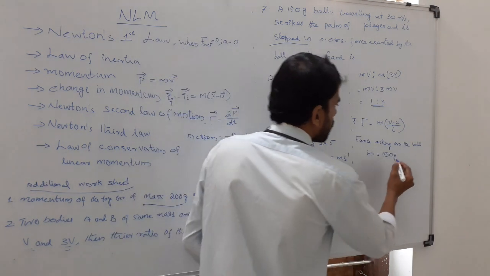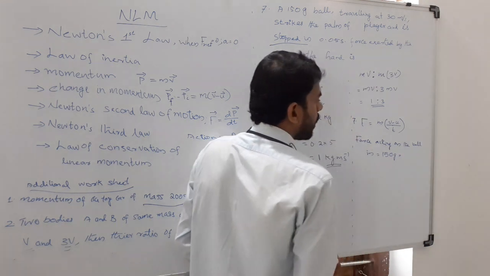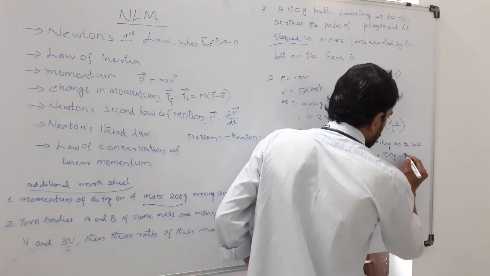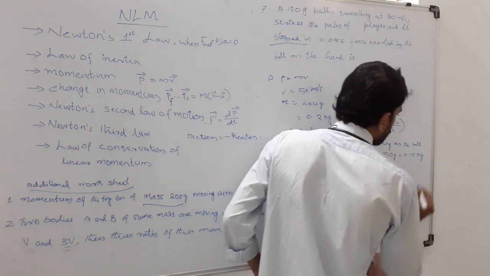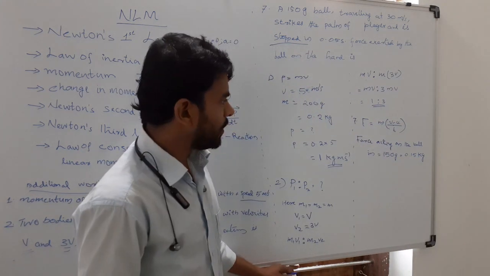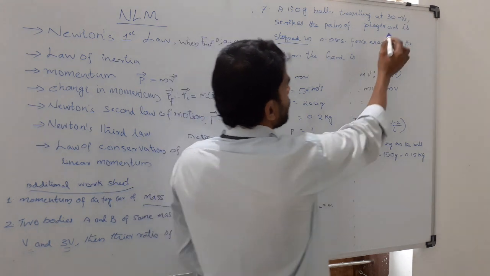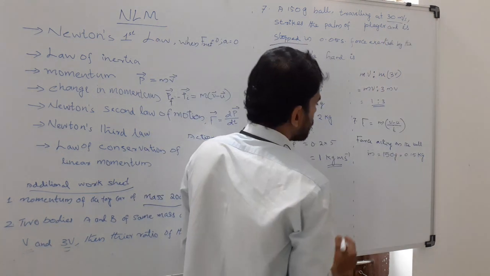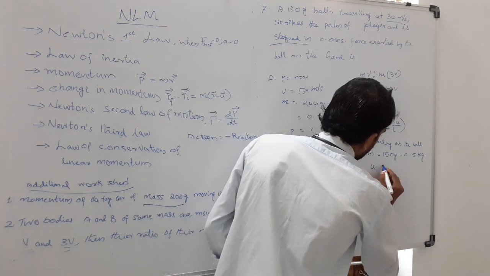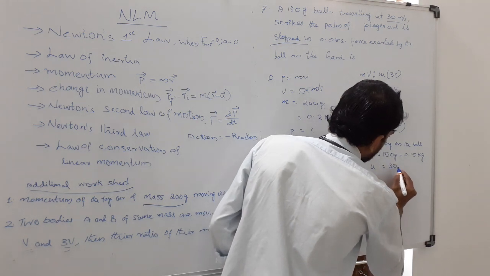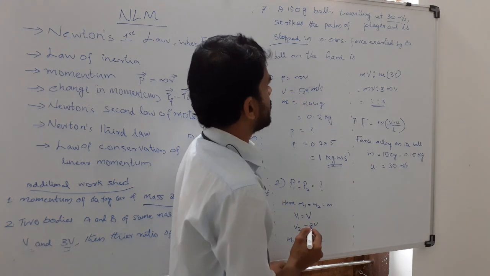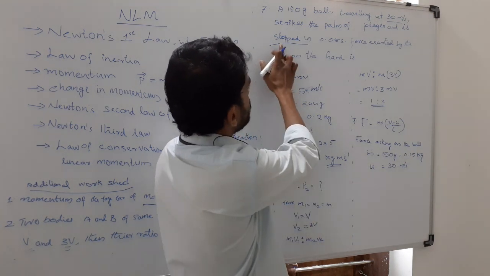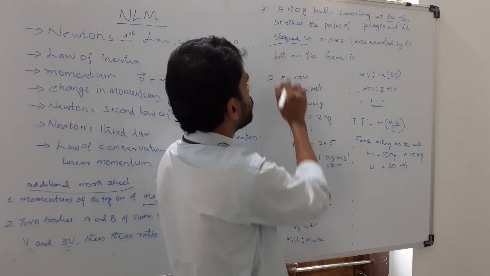So we can change the mass now itself. 150 gram is nothing but 0.15 kg. Now initial velocity u is equal to 30 meter per second, and final velocity, it is given the ball is stopped.